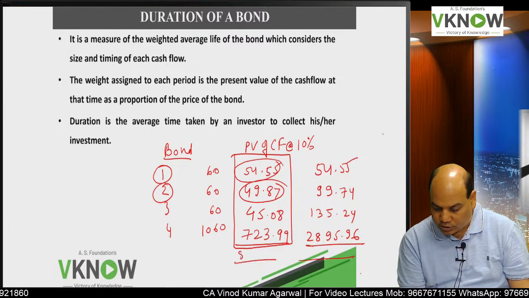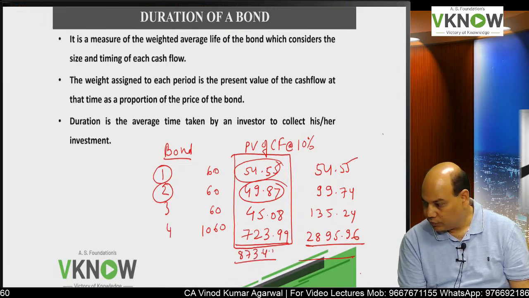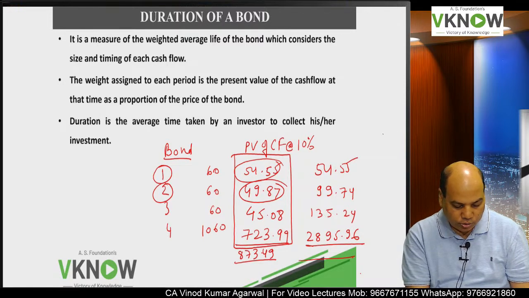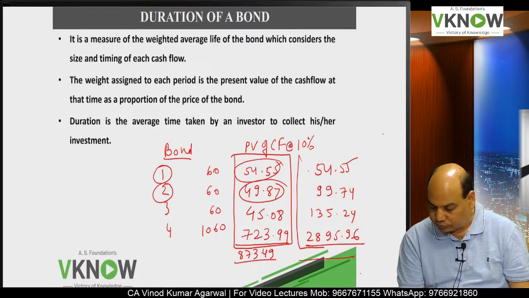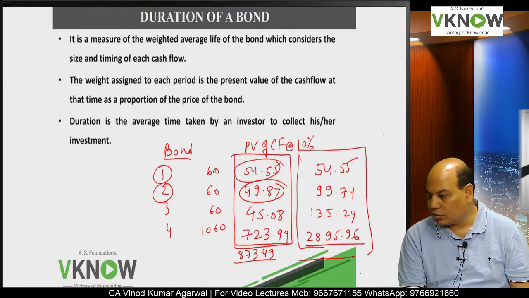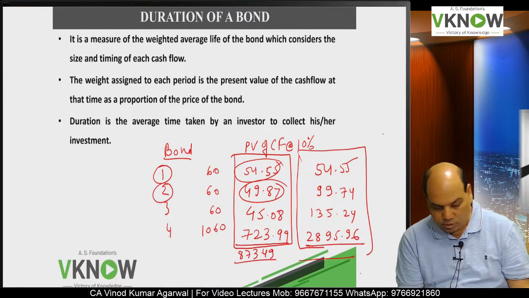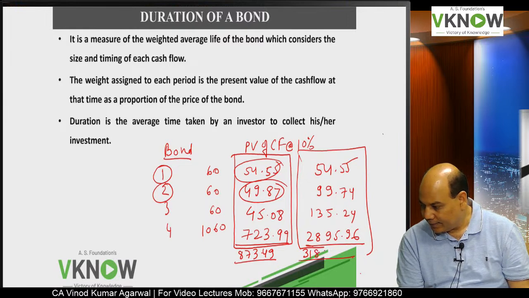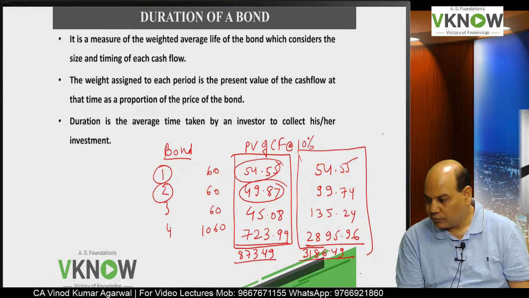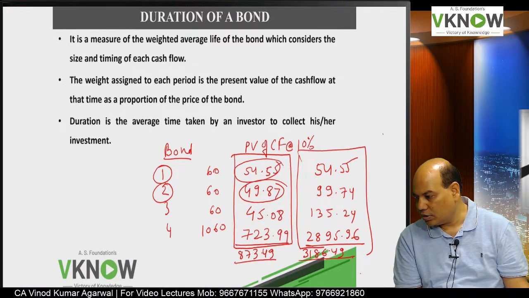So that is 873.49. Very good. Can you tell me the total of the last column also? So Divya is saying 3186.49. For the timing I am assuming it is correct.